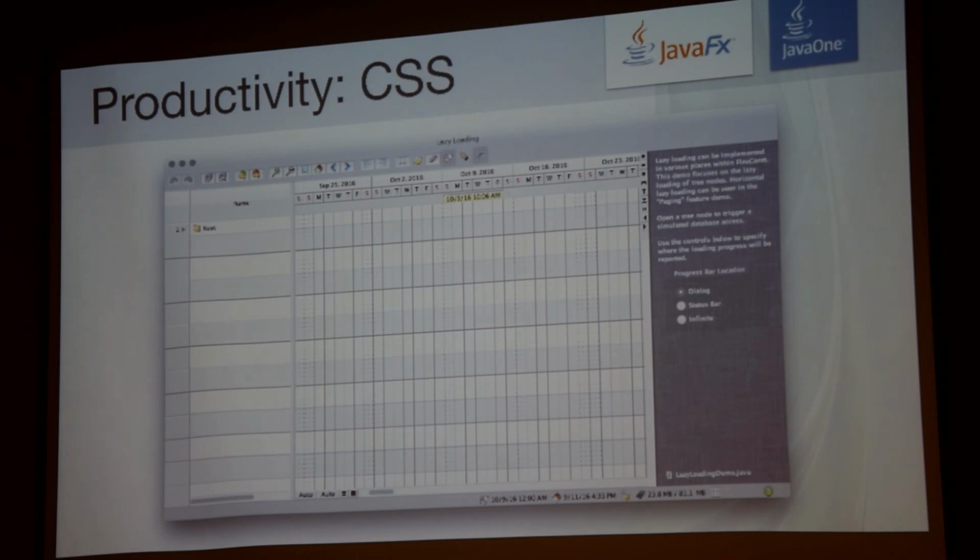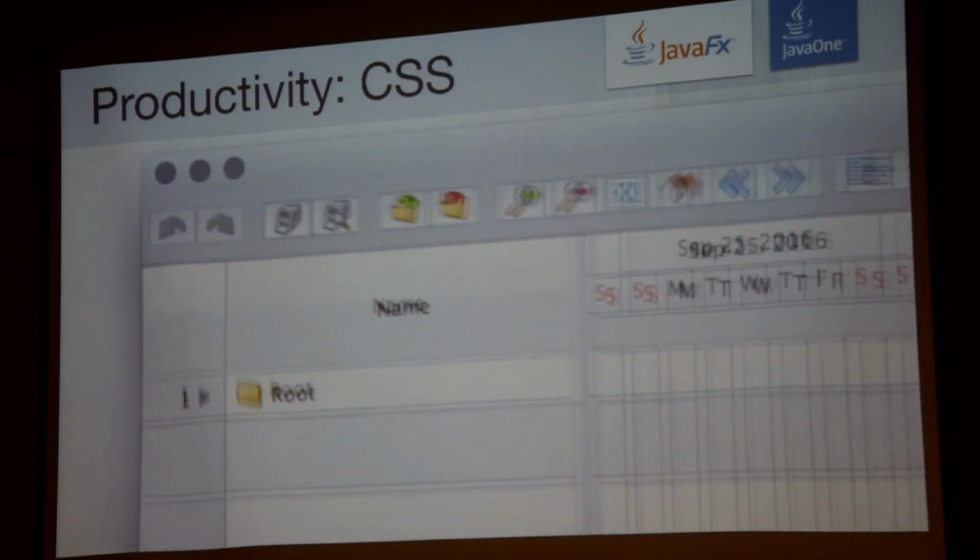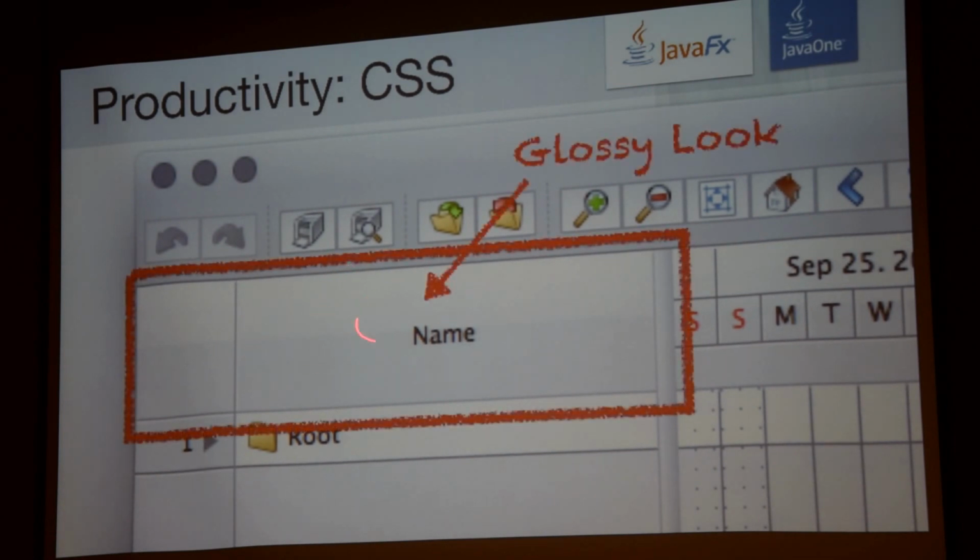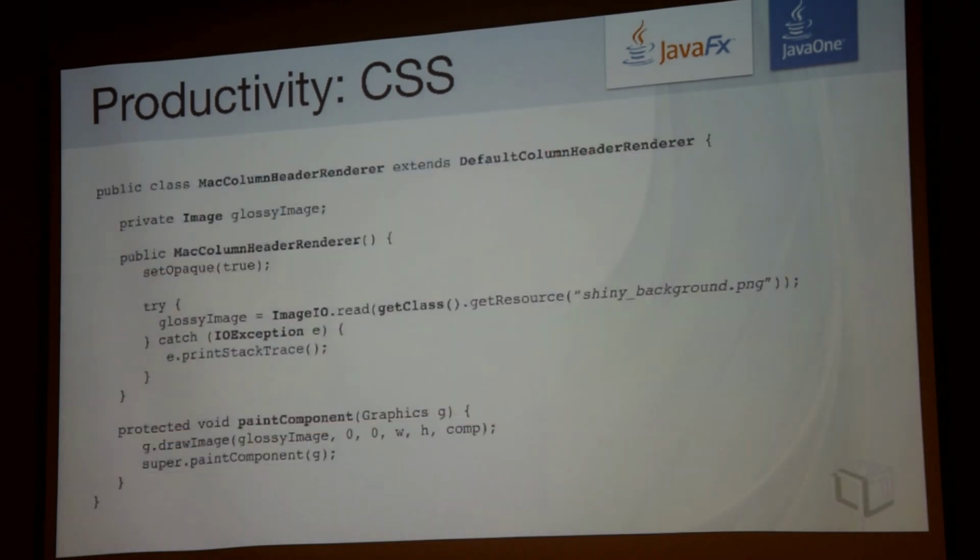Now in Swing, if you wanted to customize something, like for example, the table header up here, we wanted to give it a glossy look. Then in Swing, we would implement a custom column header renderer. That renderer would use a glossy image, and it would need to load it first in the constructor, and then we override the paintComponent method, and we draw the glossy image and we stretch it to fill the entire width and height of the column header.